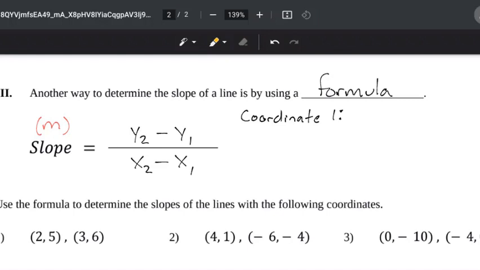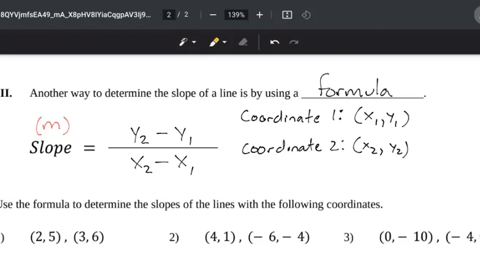So coordinate number 1, you'll get your ordered pair, and you'll label those x1 and y1. And then we have our coordinate number 2 that you'll label with x2 and y2. So it's just to denote, hey, this x value is coming from our first ordered pair, this y value is coming from our first ordered pair. And then same thing with the second coordinate.